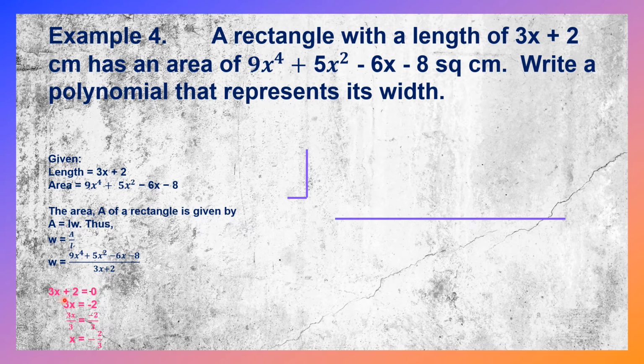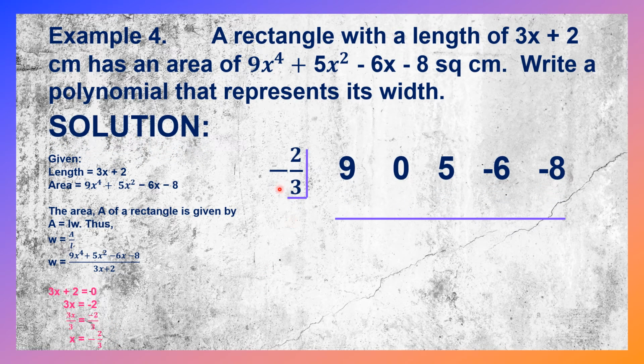Solving for x, we transpose positive 2 to the other side of the equation. So we have 3x equals negative 2. Then, to get rid of 3, we divide both sides by 3. So 3x divided by 3 is equal to x, and negative 2 divided by 3 is negative 2/3. Therefore, our divisor is negative 2/3.